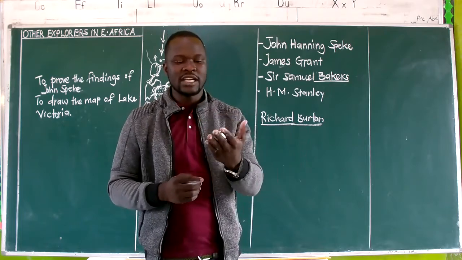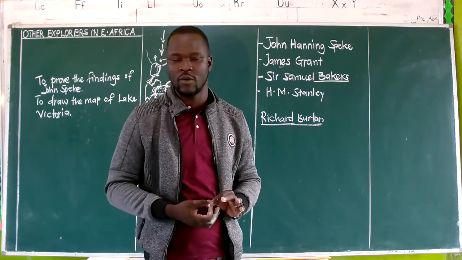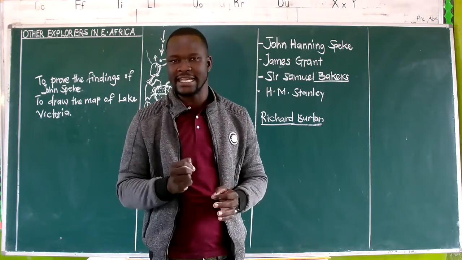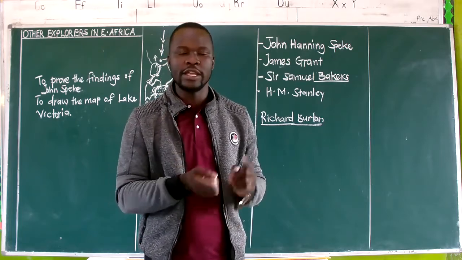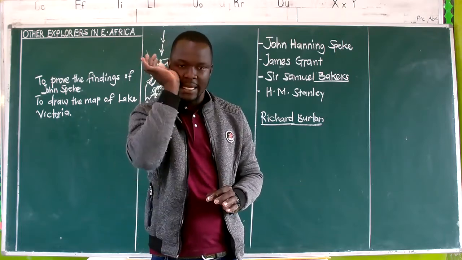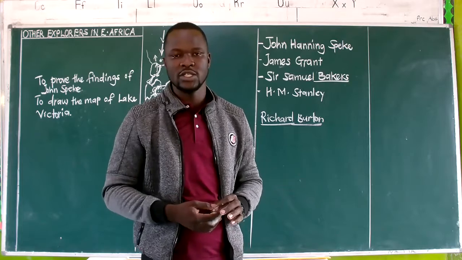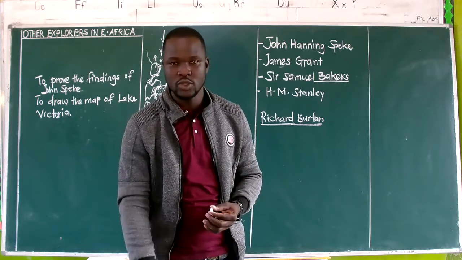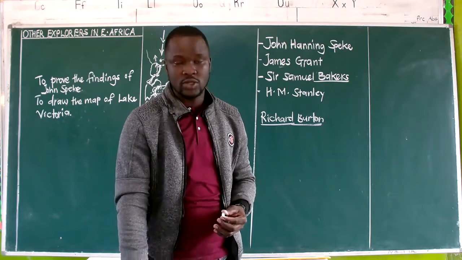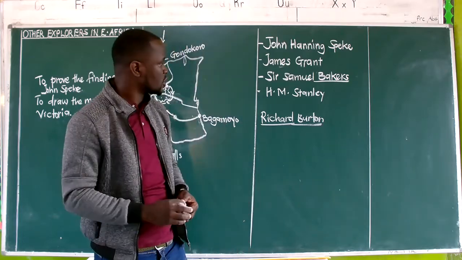So we say that the missionaries were invited by the Kabaka of Buganda, that is Kabaka Mutesa I, and he requested Stanley to write a letter on his behalf, which was sent to the Queen of England, and the missionaries got the information, thereby they came to Uganda, that is to Buganda in particular. So that is about Henry Morton Stanley.